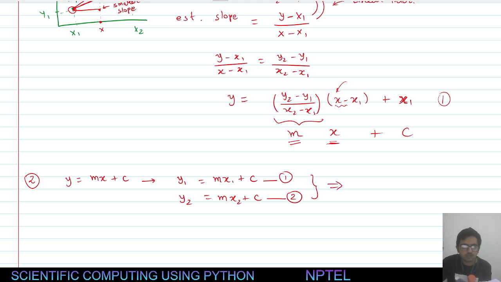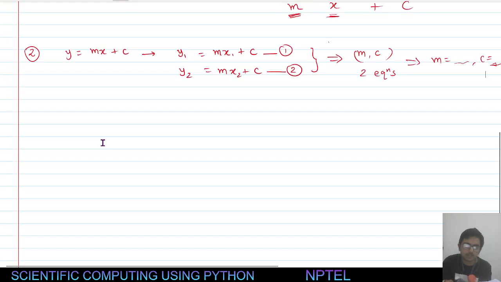And when you solve this, you have two unknowns, m and c, and you have two equations. So you can get m is equal to something and c is equal to something, right? We know m is going to be this value, and c is going to be this value. So you can solve it that way also. So all of these are equivalent. It's just that we should be aware of how to solve things.